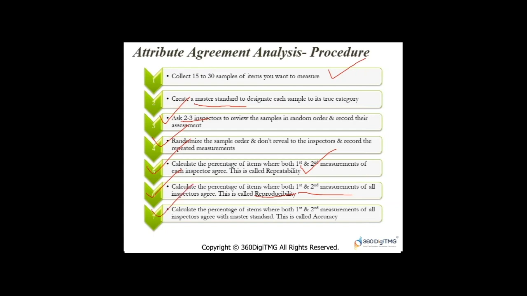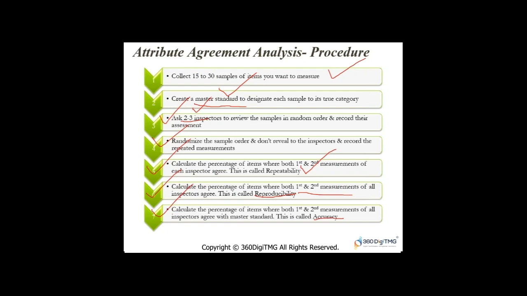Now calculate the percentage of items where both the first and the second trial of all these 2 or 3 inspectors agree with your standard, which is your supervisor reading or your team leader reading, right? The team leader or supervisor is considered to be an expert. So his readings more or less would be correct, right? And this is called accuracy.